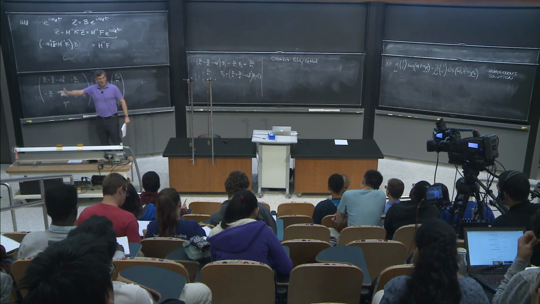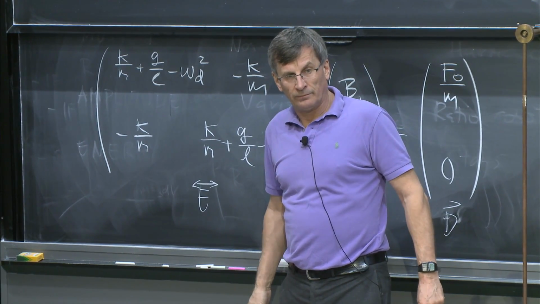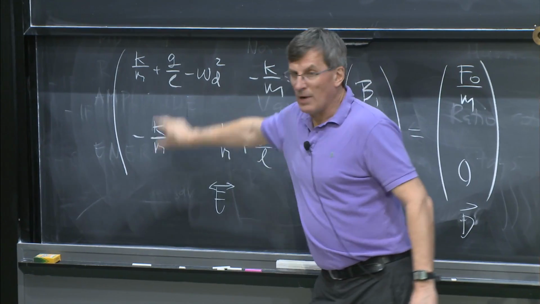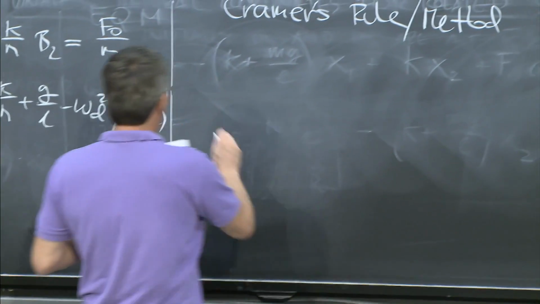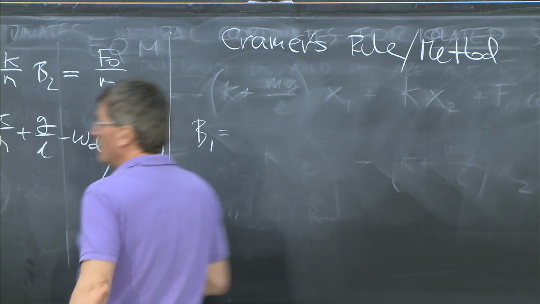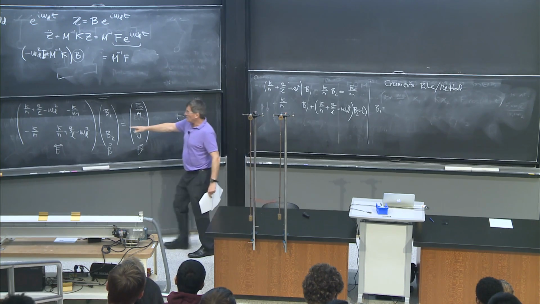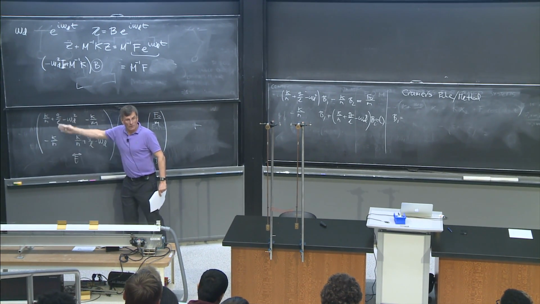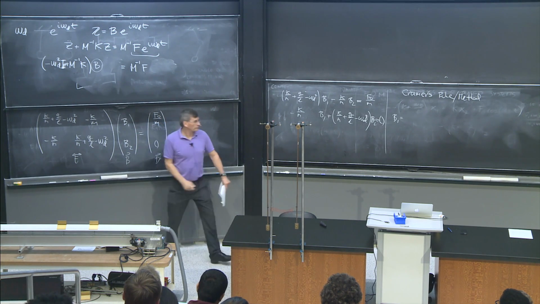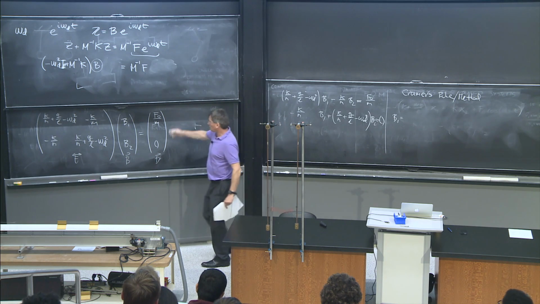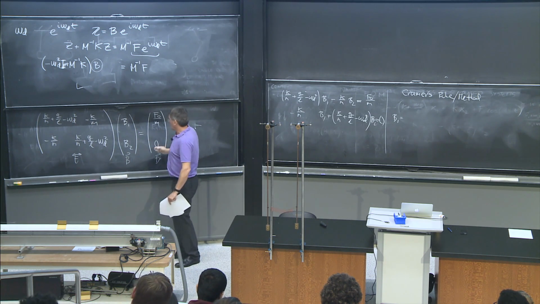You calculate all kinds of determinants, by taking the set of 2 equations and replacing columns in the matrix. So for B1, you take the original matrix, which is here, and you replace the first column of the matrix with vector D. Take this matrix and you plug in this.